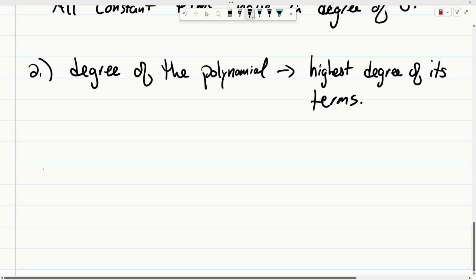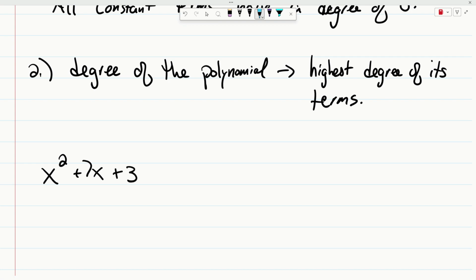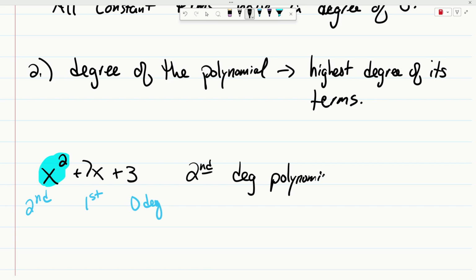So like I said, x to the 2nd plus 7x plus 3. If you go from left to right, we have a 2nd degree term, we have a 1st degree term, and then we have a 0 degree term. So the highest degree of its terms is right here. So this is a 2nd degree polynomial. All right.